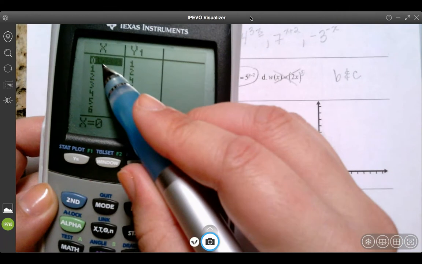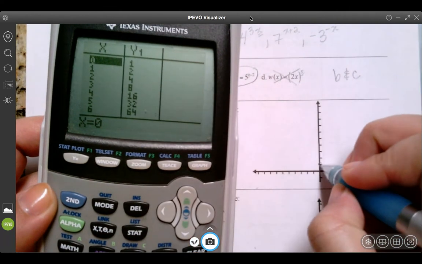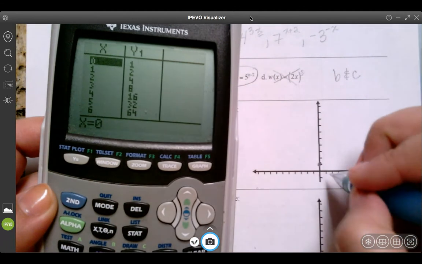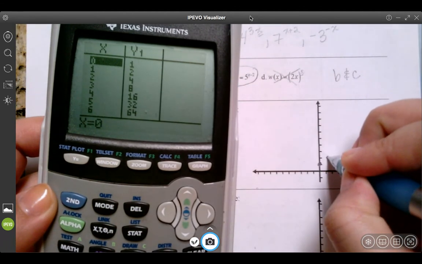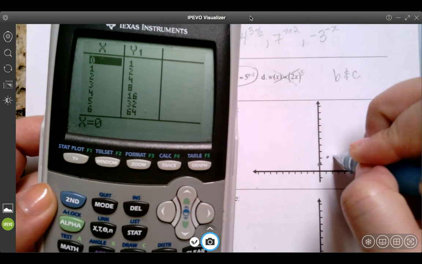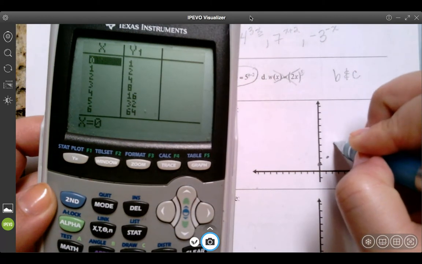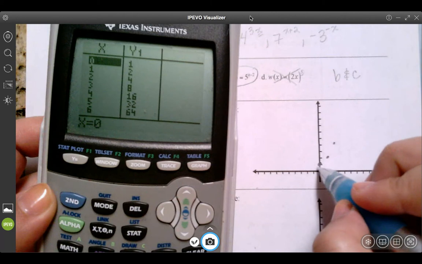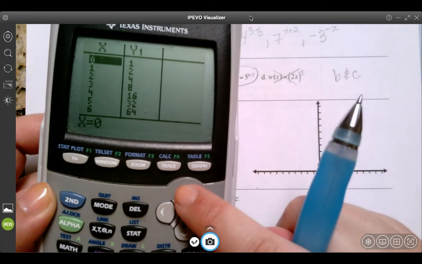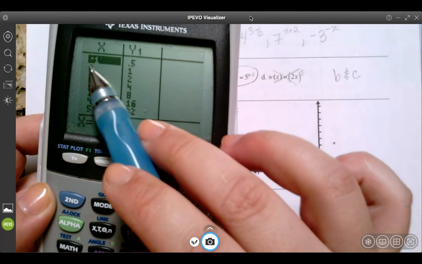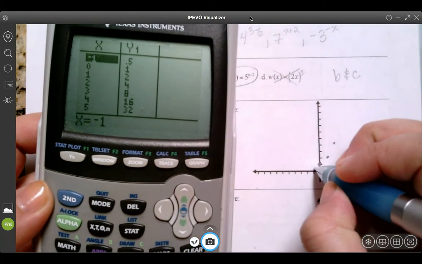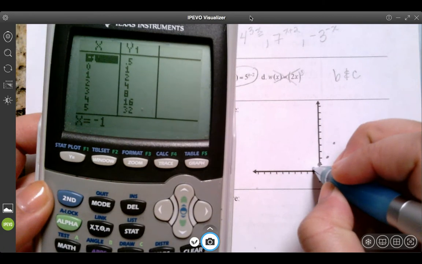I'll plot the point 0, 1, and the point 1, 2, and maybe one more, 2, 4. Then we want to see something going off to the left, in quadrant 2. If you press the up button, it takes you to when x is negative 1, y is 0.5, 1 half.